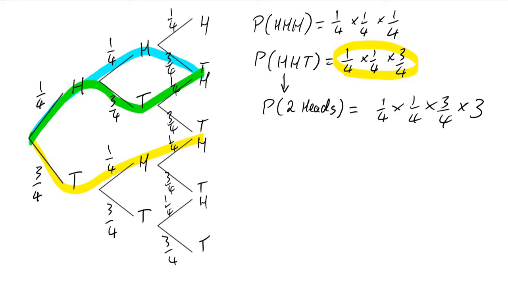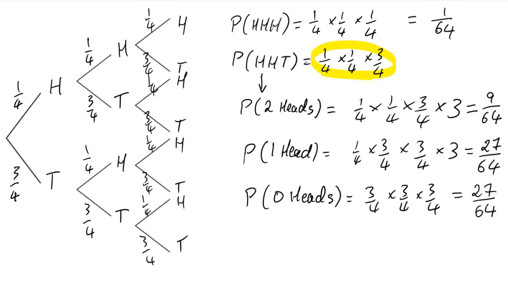And we could continue on with that, and we would end up with the following probability distribution. Okay, and this is what's referred to as a binomial probability distribution. The probability of 3 heads is 1 in 64, 2 heads is 9 in 64, 1 head, 27 in 64, 0 heads, 27 in 64.